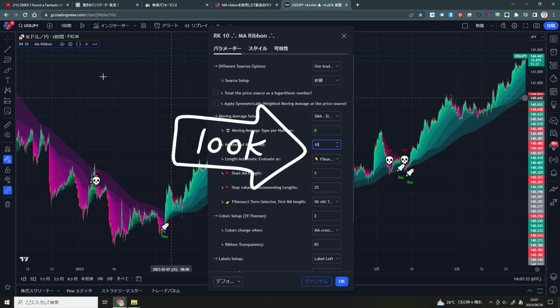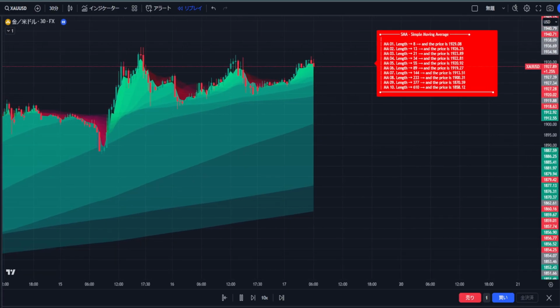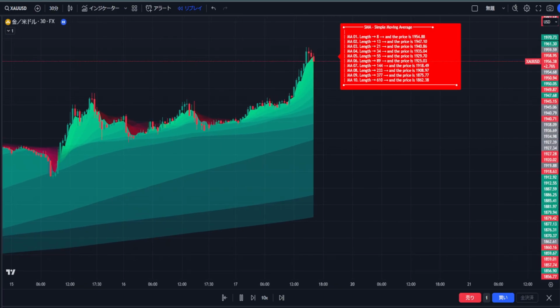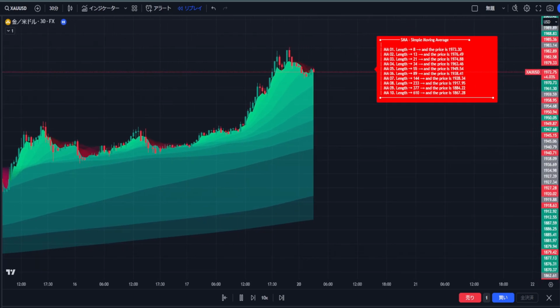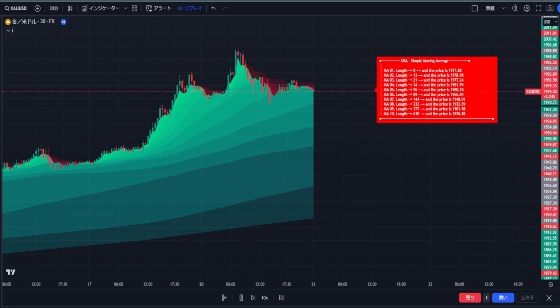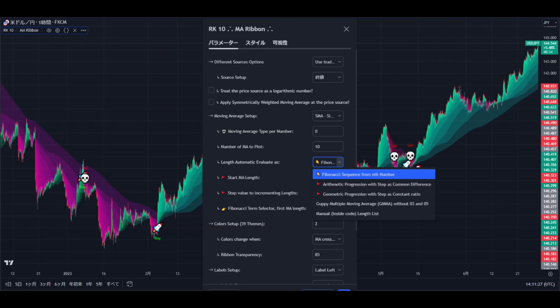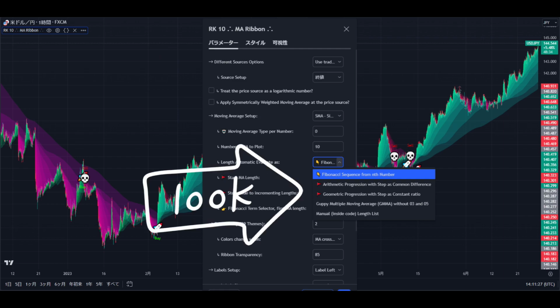You can also set the number of moving averages to display on the chart with a maximum of 10. For example, if you need four moving averages, you simply input the desired number. One notable feature of this indicator is the wide range of calculation methods available for moving averages. There are four automatic drawing methods, including Fibonacci sequence, arithmetic progression, geometric progression.